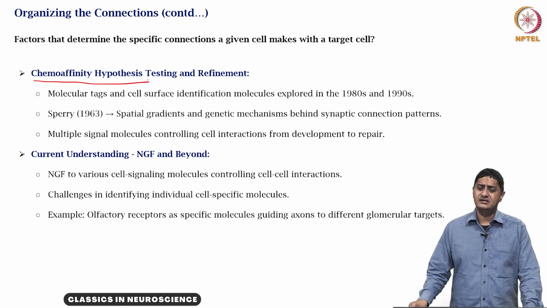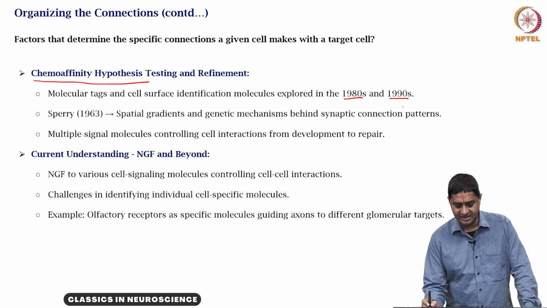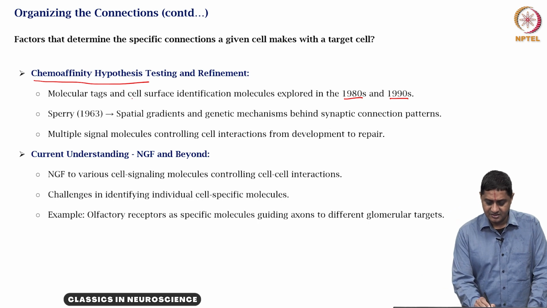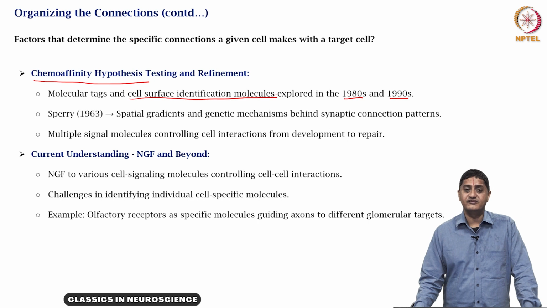But the question remained as to what are the biochemical identification tags that Roger Sperry discussed. This was not found until much later, in the 1980s and the 1990s, when cell surface identification molecules were identified.